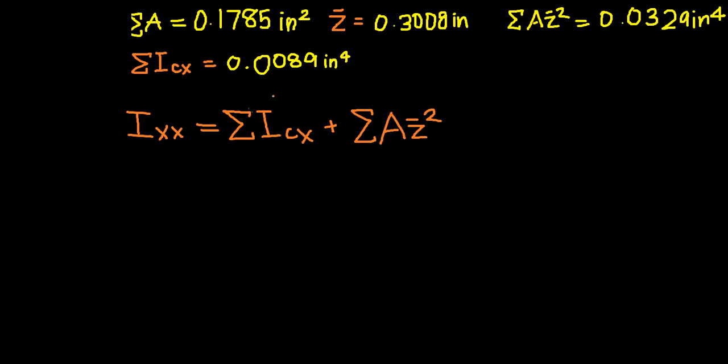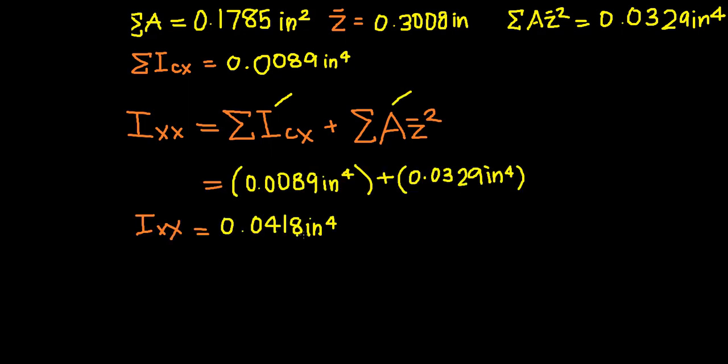So now here we're gonna utilize our parallel axis theorem. This is upon our x-axis, our horizontal x-axis. So we already have the values that we need, and hence the answer that we get is 0.0418 inches to the power 4.